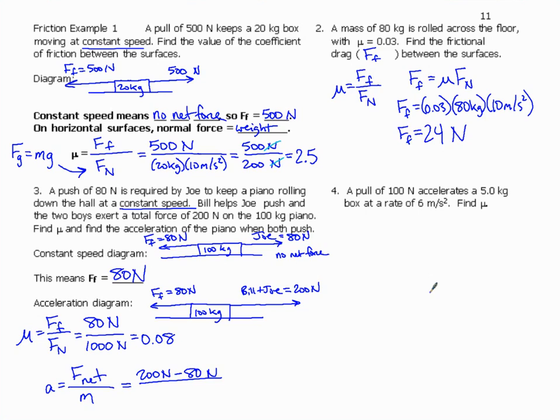The piano's friction is exerting 80 newtons against them. 200 newtons minus 80 newtons. And the mass of the piano is 100 kilograms. So we see the net force is actually 120 divided by the mass. And we see that the piano accelerates at 1.2 meters per second squared.